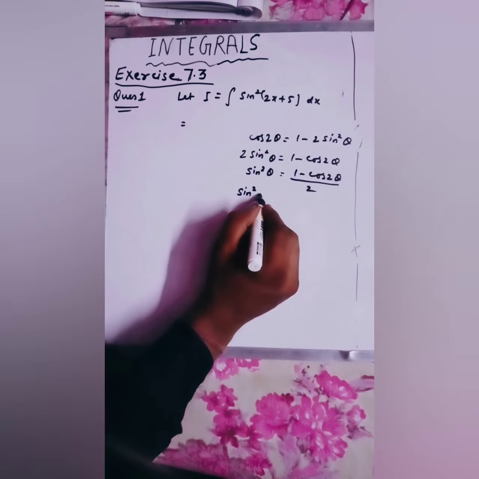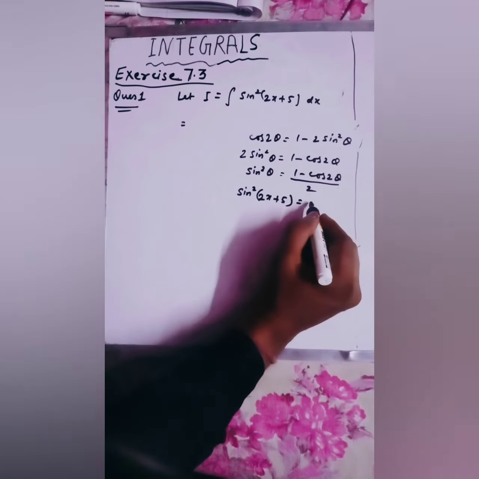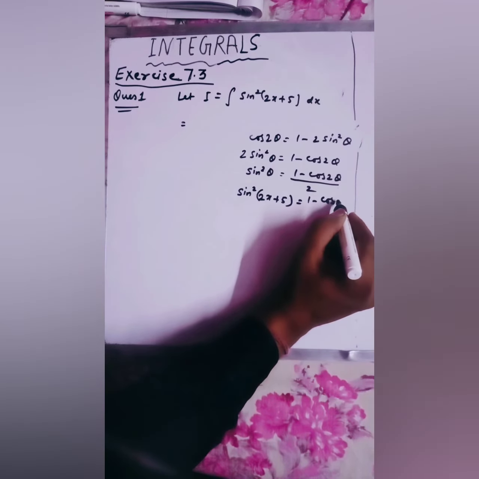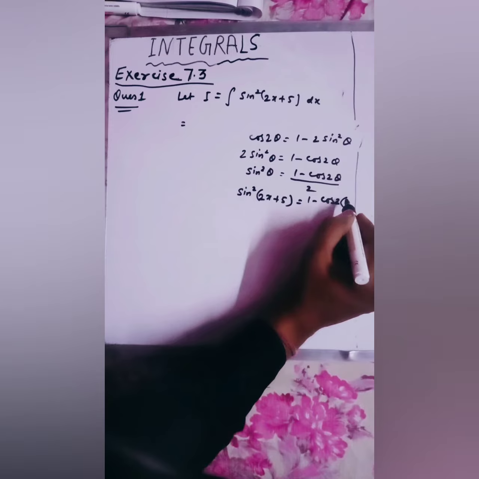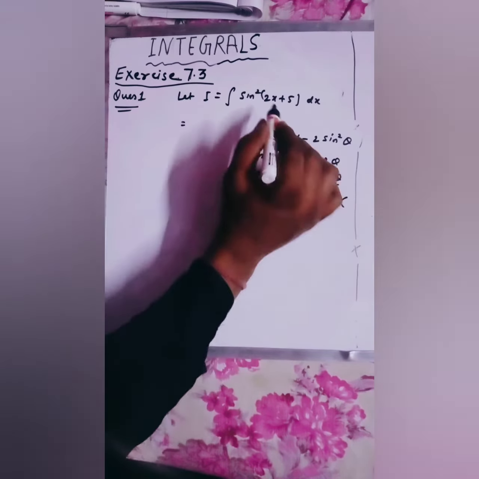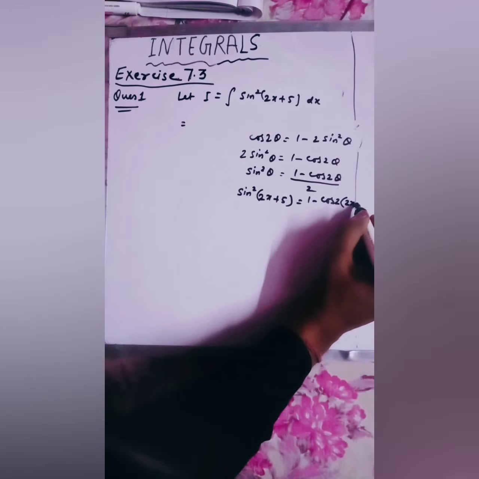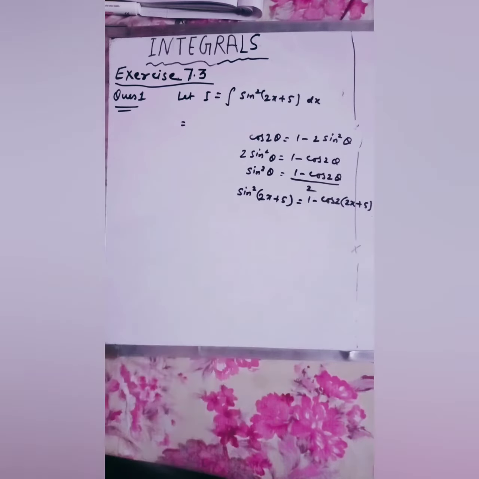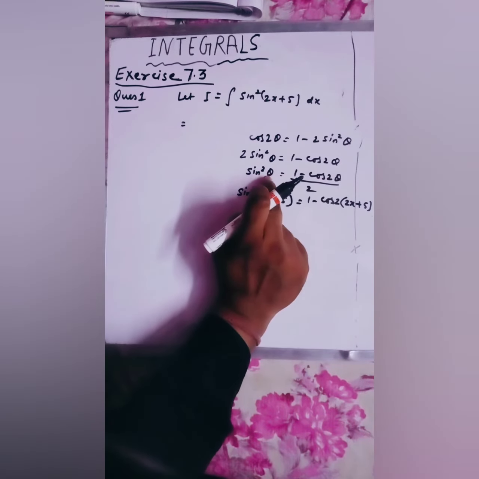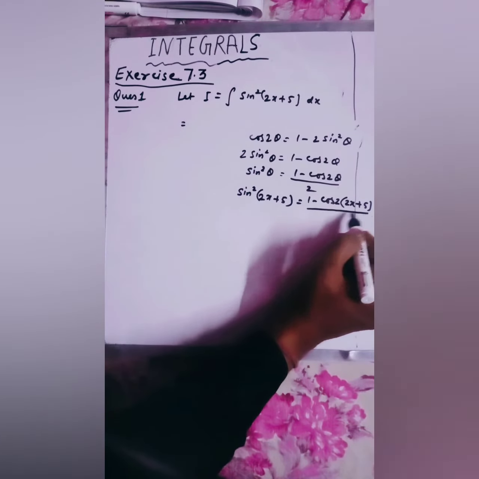So you will get sine square of (2x plus 5) is equal to 1 minus cos 2 times (2x plus 5), over 2.